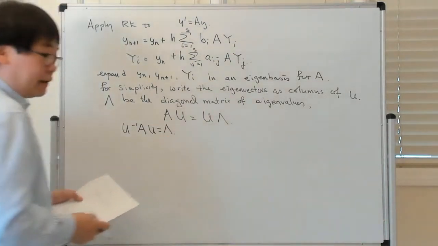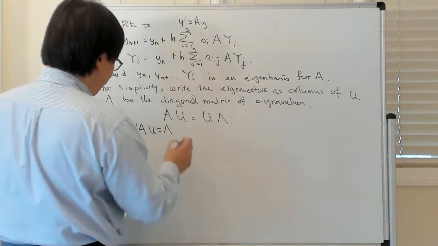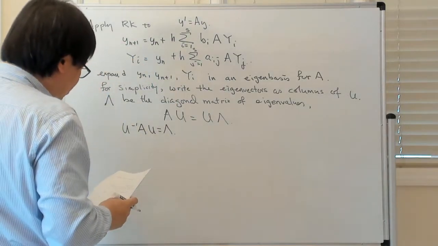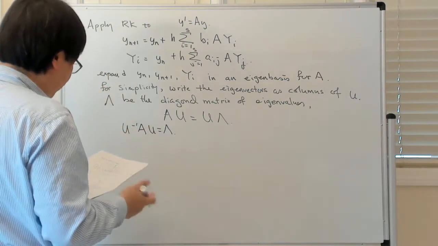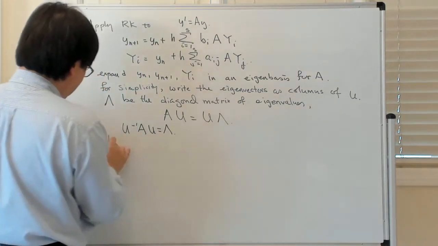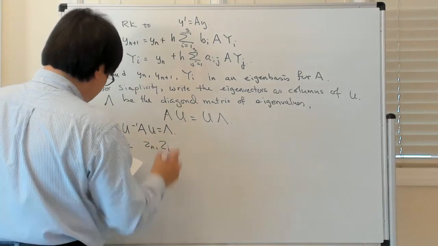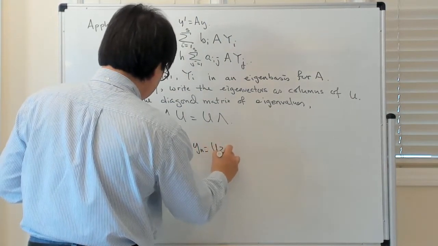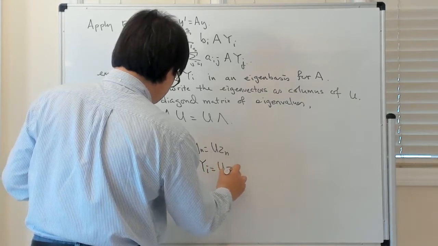So you have a diagonalization of the matrix A, and then you can define new vectors. Instead of the y's, introduce new vectors z, which are transformed versions of the original vectors. So I define z_n and Z_i as follows: y_n is U z_n, and Y_i is U Z_i.